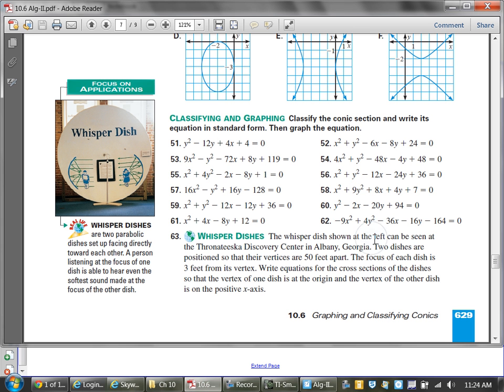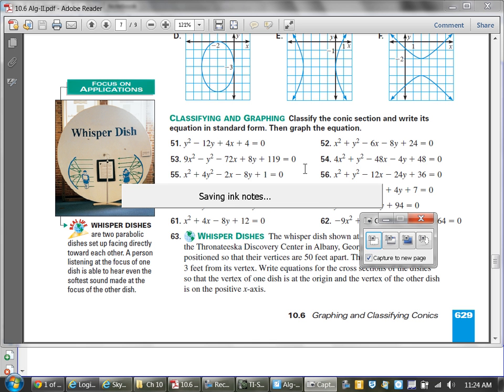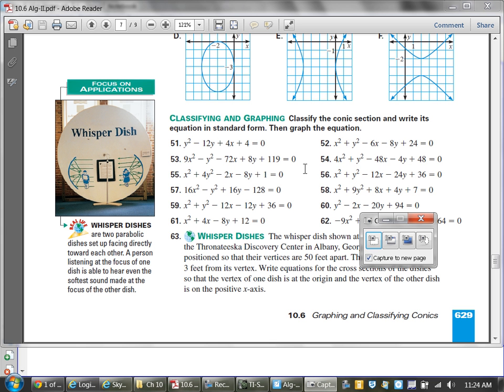We got 53. You ever seen one of those? Children's Museum, I think out in Rockford, they've got one of those where it's basically just 2 ellipses right across from one another, where the other person can hear you clearly. The way that the arc goes on. It's so cool. It really is.